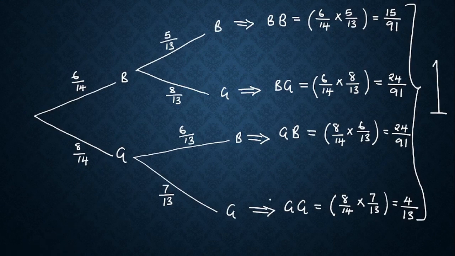We even found that probability already on this tree diagram, where we got the girls from the first picking and the girls from the second picking, which will be 8/14 multiplied by 7/13, and our answer will be 4/13. Now, how did we arrive at that answer?